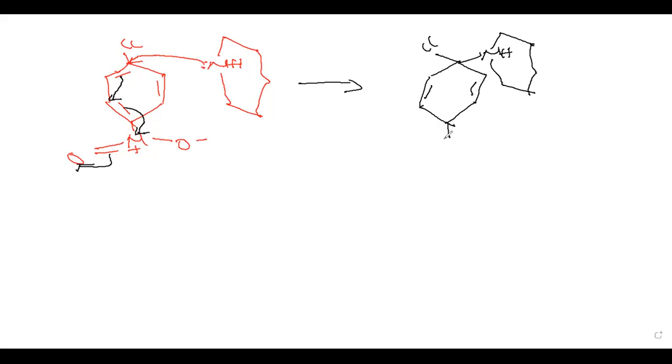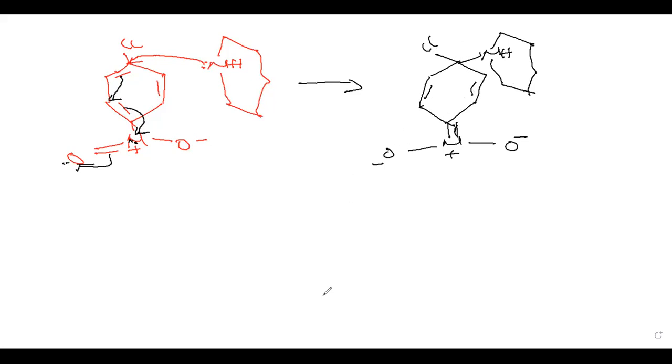And I'll have my nitrogen, then I'll have oxygen minus, plus. Good. So what has happened here is that the bond has broken onto the oxygen. When it breaks onto the oxygen, it will assume a negative charge. There's also a double bond here because this bond broke onto this nitrogen. So this is what we'll have as the intermediate.